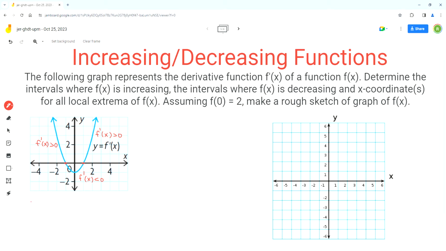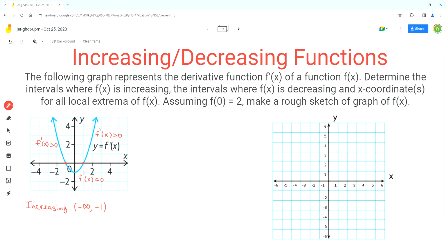So let's start with the increasing intervals. Now we know that an interval in which a function is increasing is the one in which the derivative of that function is greater than 0. So the first interval in which this function is increasing is from -infinity to -1, so all x values to the left side of -1.